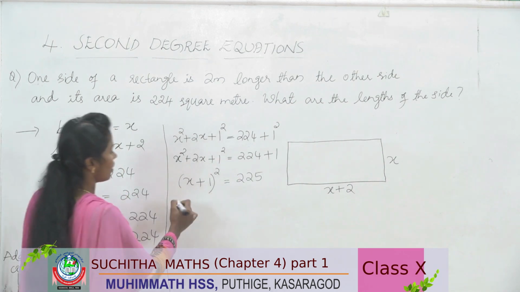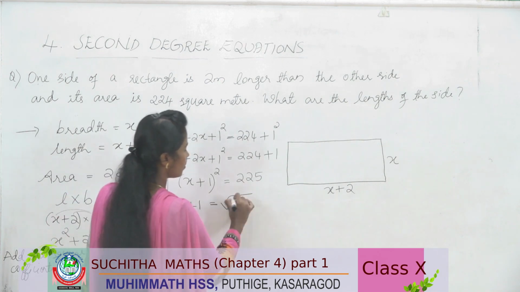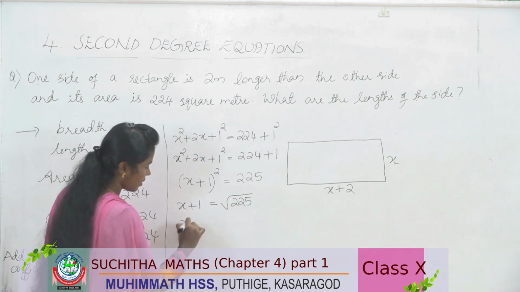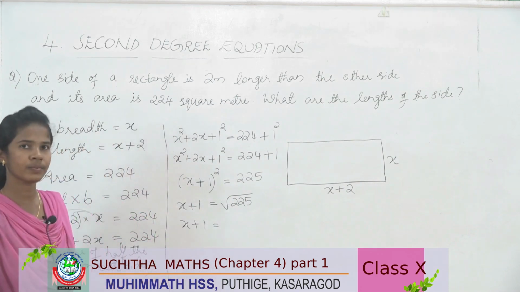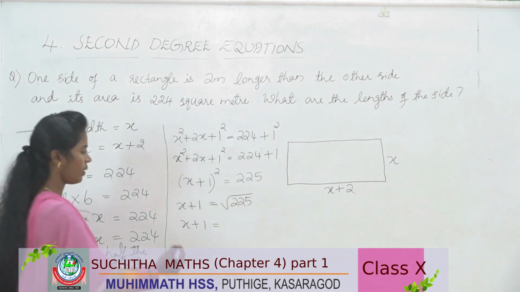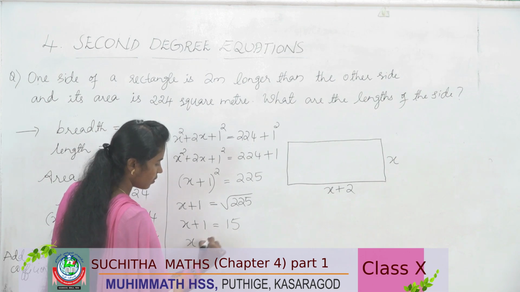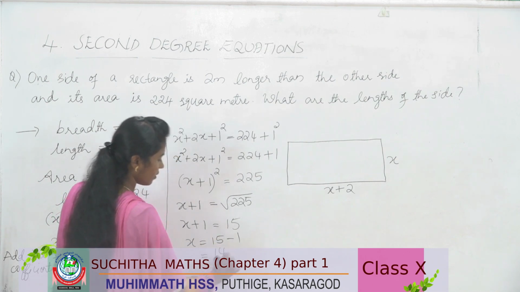Okay. Now x plus 1 equal to square root of 225. Square root of 225 is 15. Therefore, x equal to 15 minus 1 equal to 14.